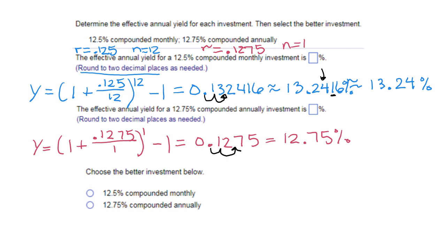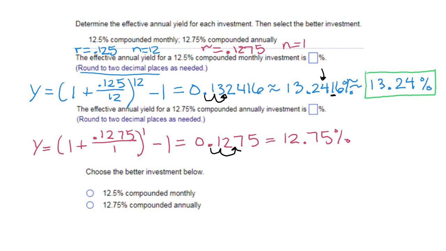So we found the effective annual yield for each one of the investments, and it's asking us to determine which one is the better investment. Let's take a look at what we have. The first investment started out with a 12.5% rate, and it is actually earning 13.24%.